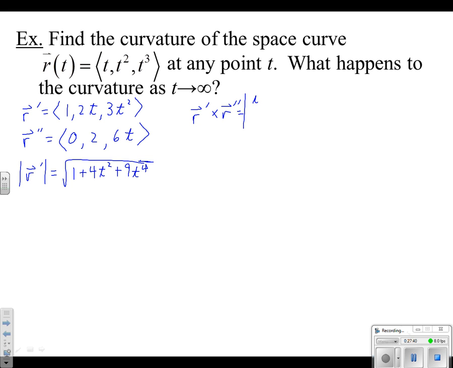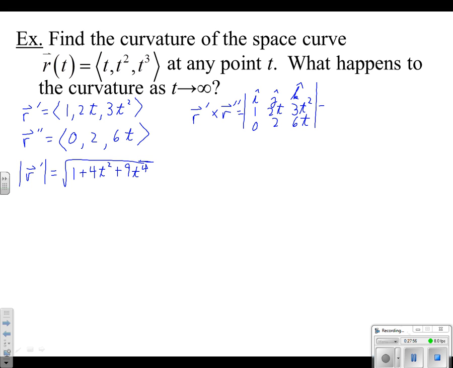So i, j, k, 1, 2t, 3t squared, 0, 2, 6t.